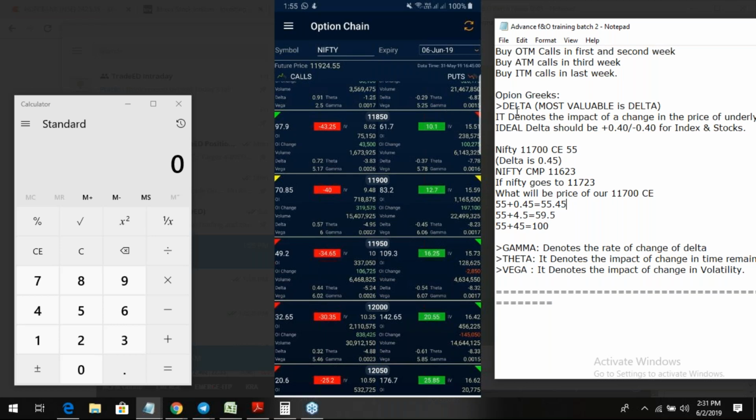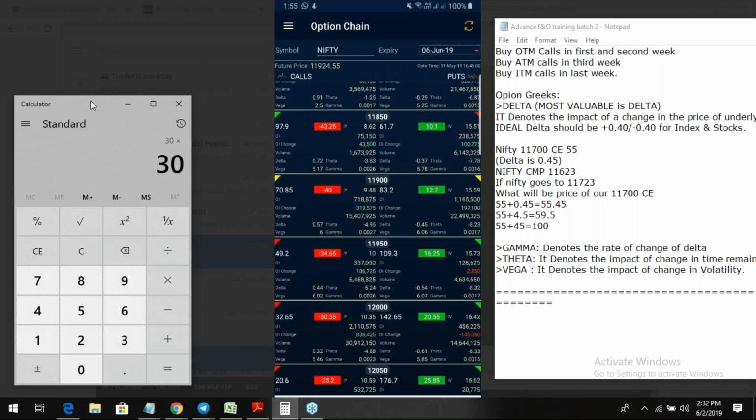Just show the calculation with gamma again. Okay, let me show you again. What is the current market price of Nifty? 11,920, example, right? What is our delta? If you are buying the 11,950 call, the delta is 0.44, right? And the gamma is 0.0026. Audible? Okay. But now Nifty goes to 11,950, means 30 points up.